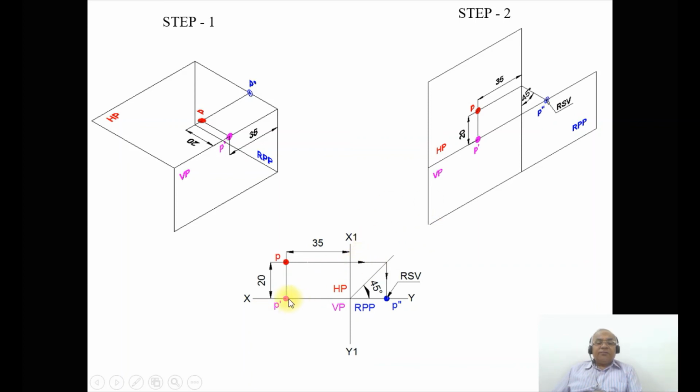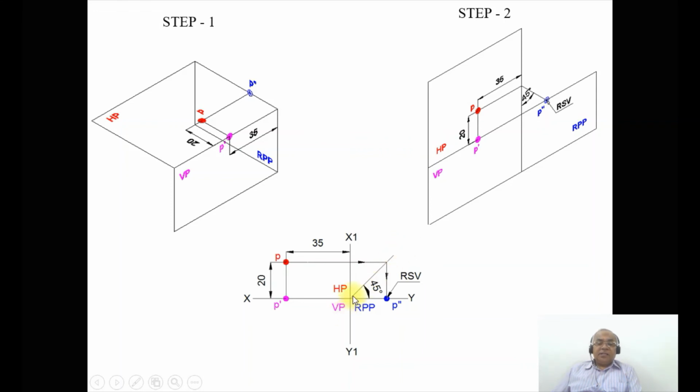So you project the top view and front view points directly to the profile view. And since I want to project the top view distance of 20 mm, from the origin, using the protractor, you measure an angle of 45 degrees and then draw an inclined line. This should also be a thin line. From P, you draw a horizontal projector which is going to cut this 45 degree line.